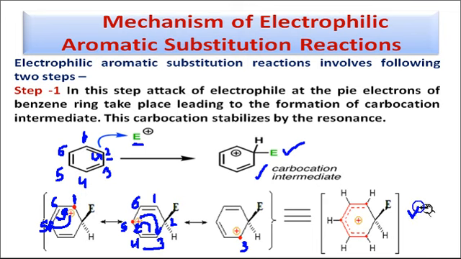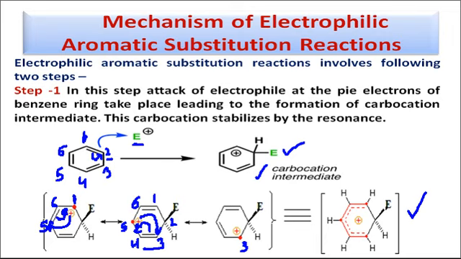This is the resonance hybrid of the carbocation intermediate. So the first step is the attack of the electrophile, which forms the carbocation intermediate, and due to resonance, this carbocation intermediate gets stabilized.